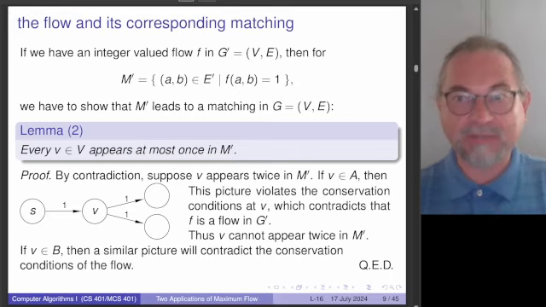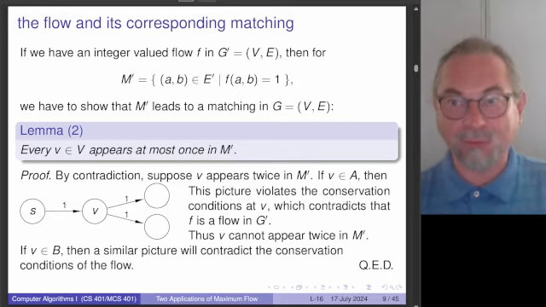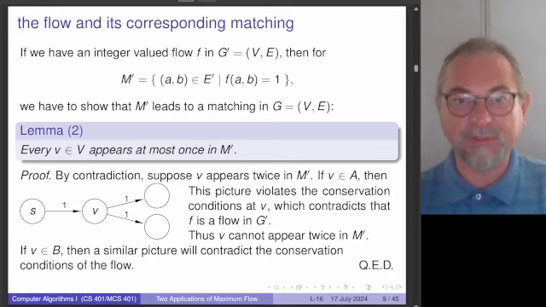So you would have at least two edges coming in, both with flow 1, and then somehow the extra flow would need to disappear. But that cannot happen because we have a flow. The conservation conditions are respected.